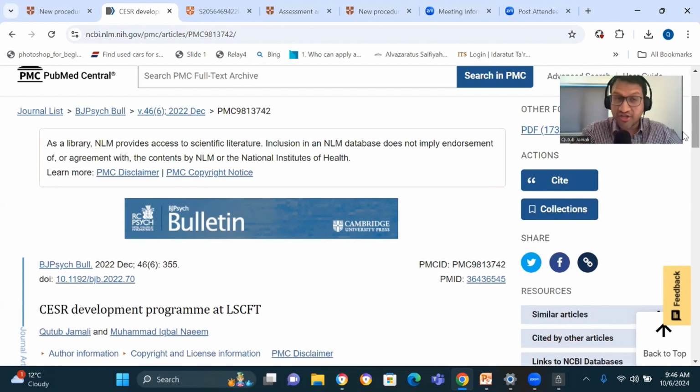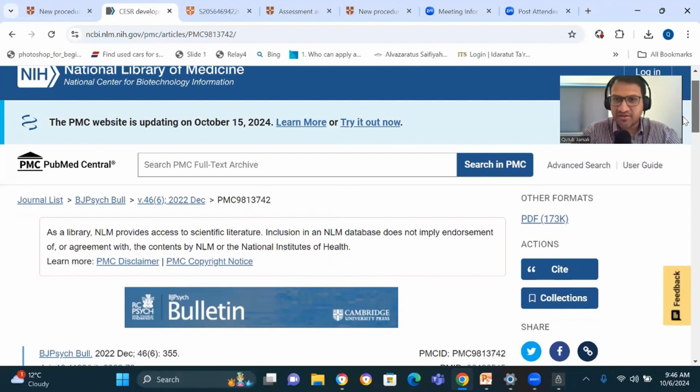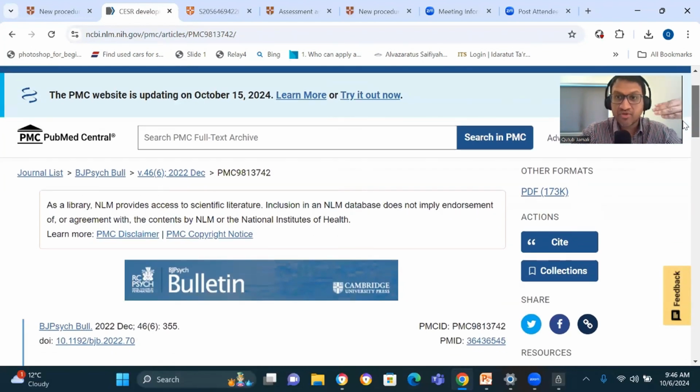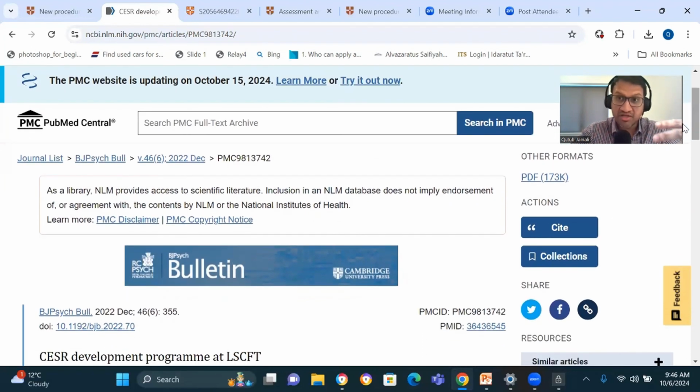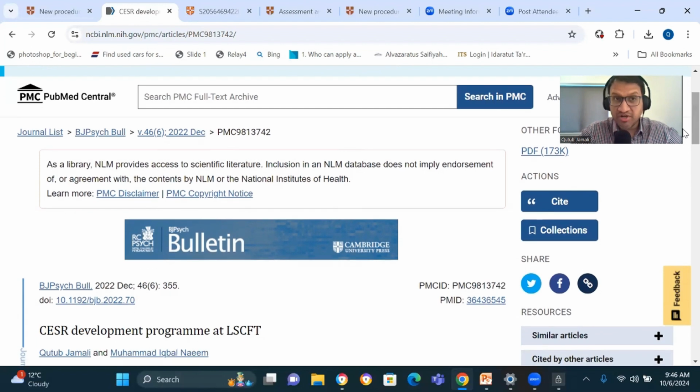It has a wider reach, and people can cite and reference this. So then again, it is a proper research article. So there is every possibility of that.